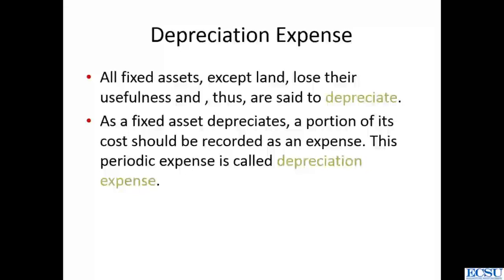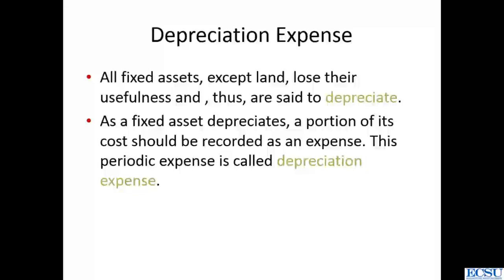They become obsolete because a new technology has come into the market and the old technology just goes out of practice. However, normally for property, plant, and equipment we say we depreciate them. That is the word that we'll be using for these tangible assets. A portion of the cost of that particular asset will have to be recorded as an expense, and this periodic expense is called a depreciation expense.